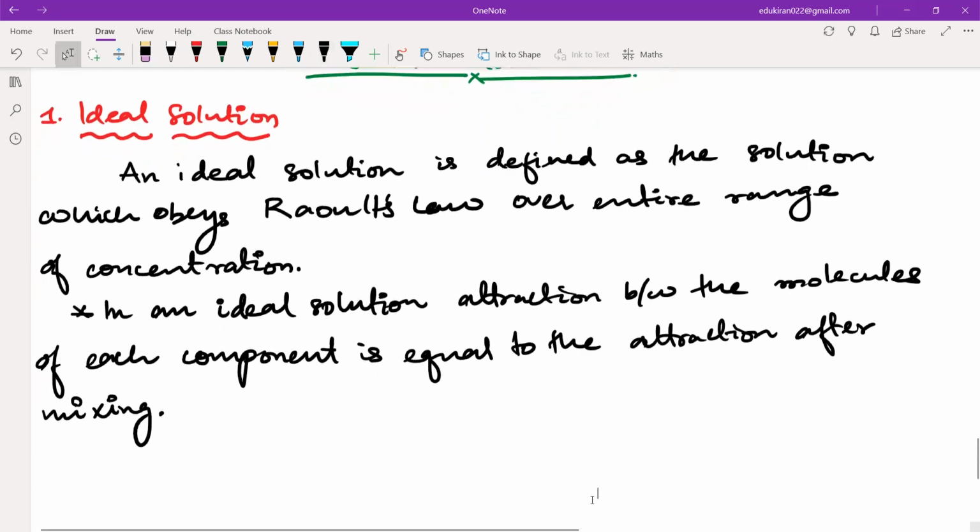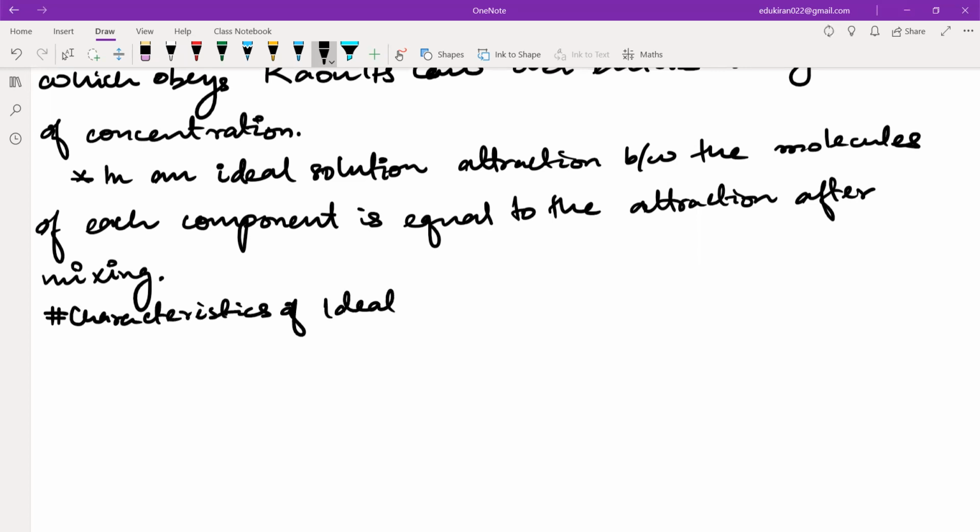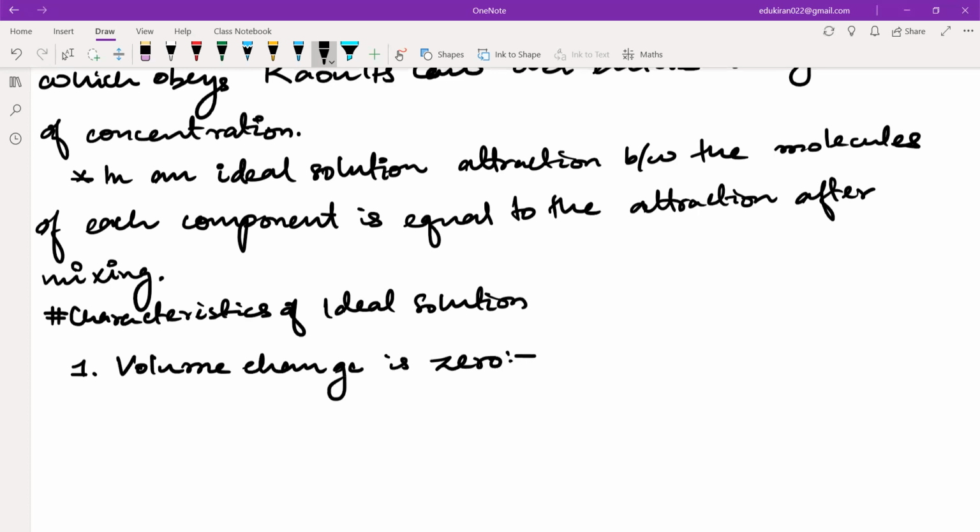Now, what will be the characteristics of an ideal solution? Number one, volume change is zero.